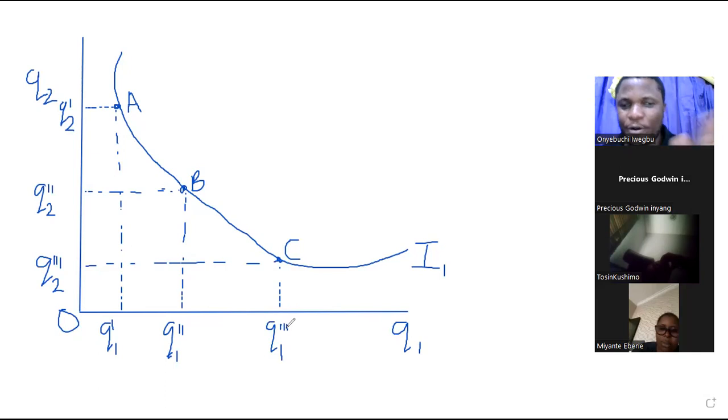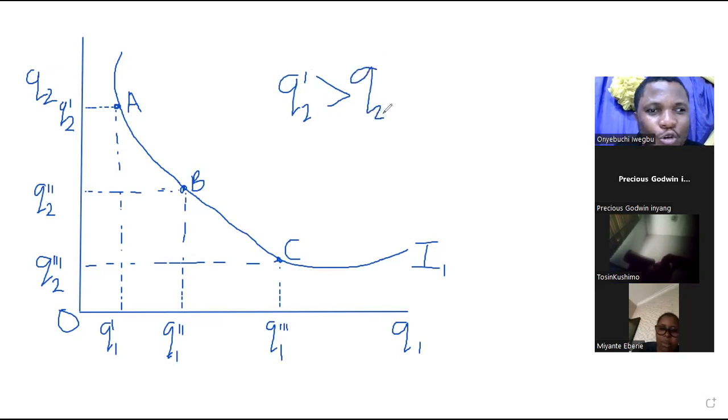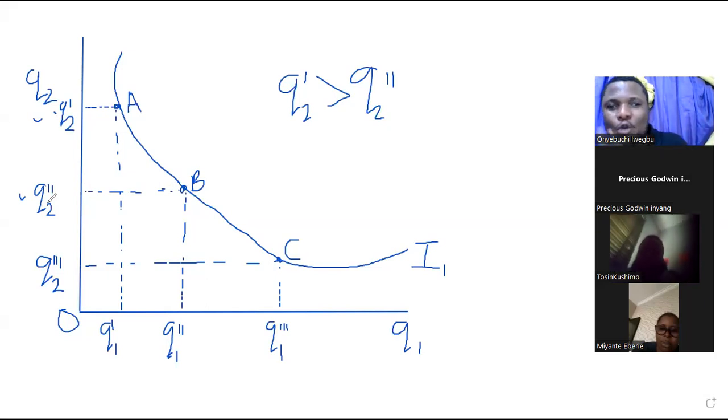What happens, for example, if I move from point A to point B? You will discover that Q2 prime, which is the quantity of good 2 I'm consuming, is higher than Q2 prime prime, because this particular level is higher than this level. So at point A, the quantity of Q2 I'm consuming is high, but at point B, the quantity of Q2 I'm consuming is low. What about Q1?